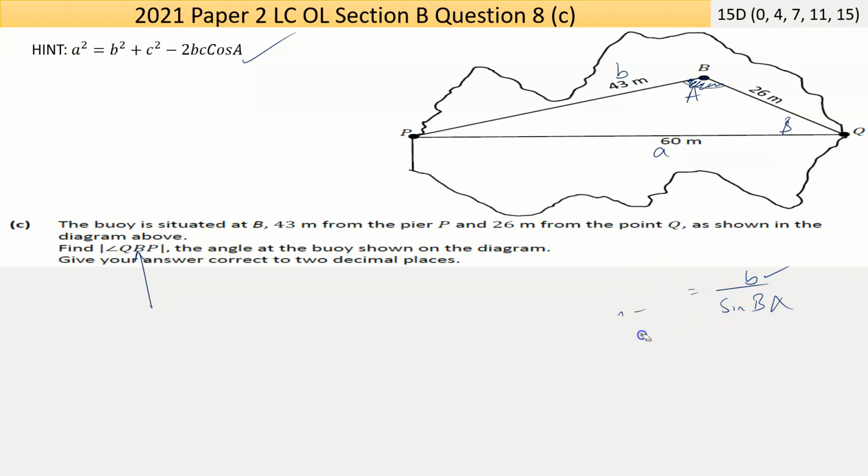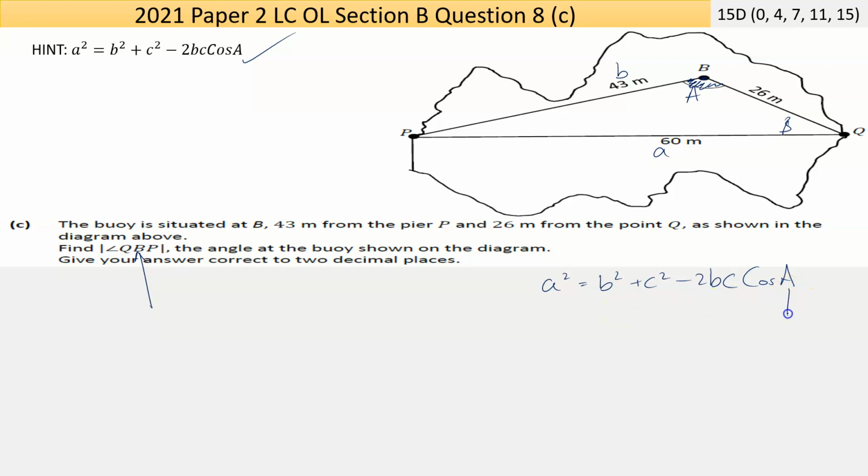Now I would go on to the cosine rule. Let's write that out. a squared equals b squared plus c squared minus 2 times b times c times cos A. There are four unknowns. The b and c occur twice, but there are four different unknowns. I need to know three of these to find the missing thing.